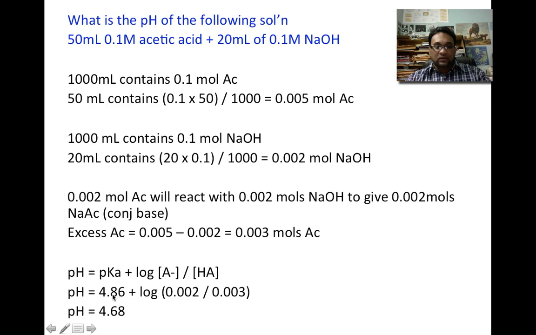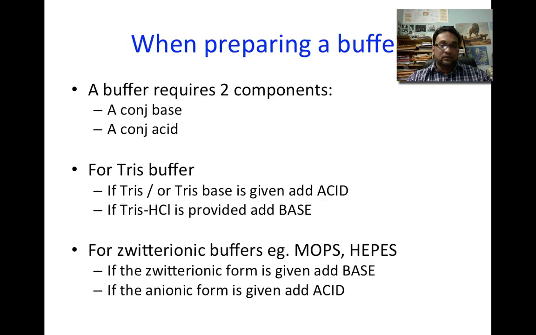Alright, so the 4.86 was given in the question, and the A minus will be your conjugate base, which is sodium acetate, 0.002, and your weak acid would have been the excess acid that did not react, which is 0.003. And if you plug in those values, you should get a pH of 4.68.